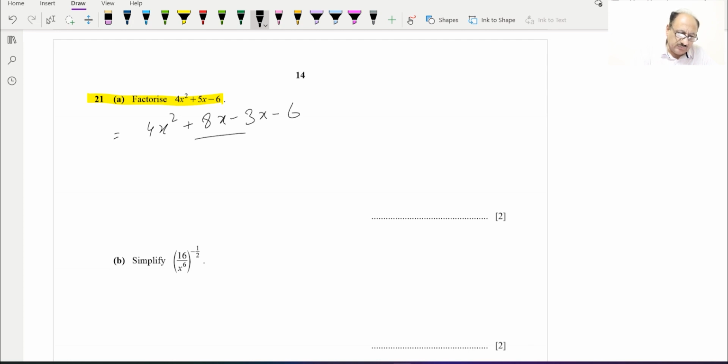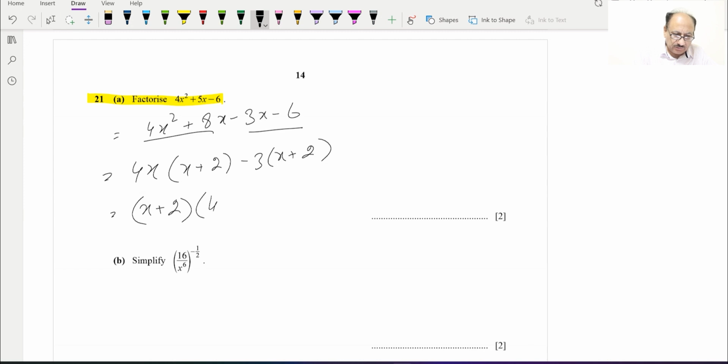So 8 and 3 we made a pair, and this one we can combine, 4x common, so it will be x plus 2, and minus 3 common, x plus 2, and we can write it as (x plus 2)(4x minus 3). Factorization is very important. You should know this before sitting in the exam.